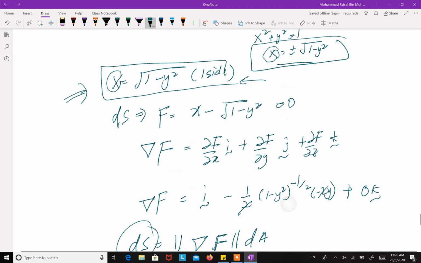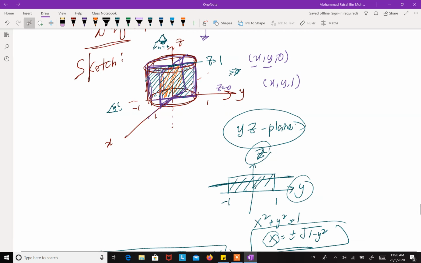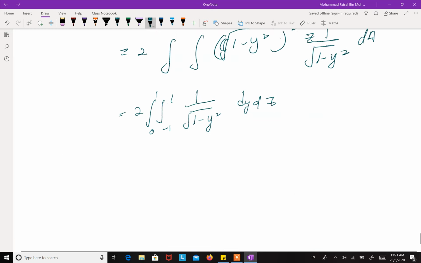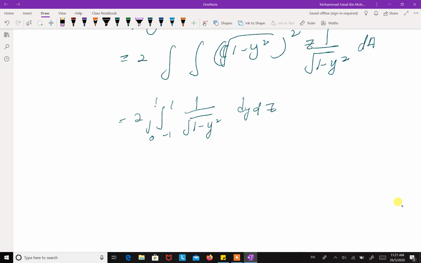Try to see back. So y from -1 to 1, your z from 0 to z equals to 1. Okay. So make sure your limit is correct, so that you can perform the integration.